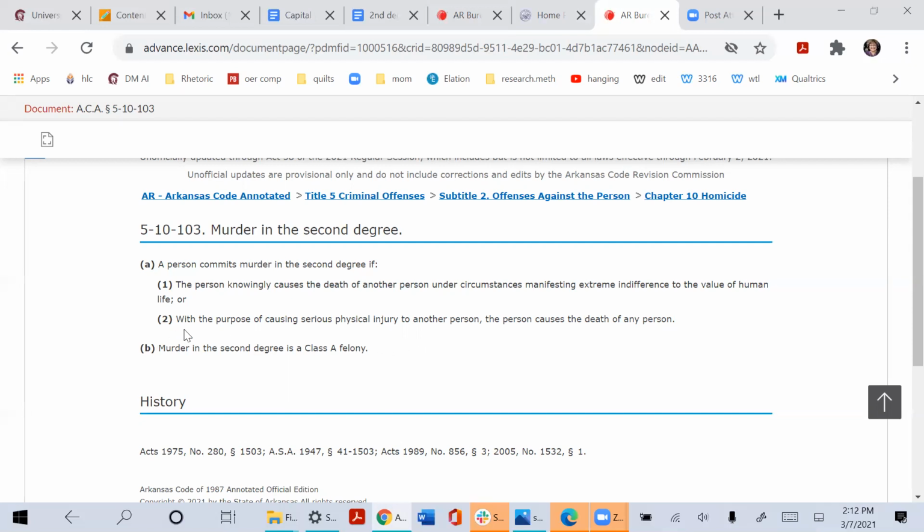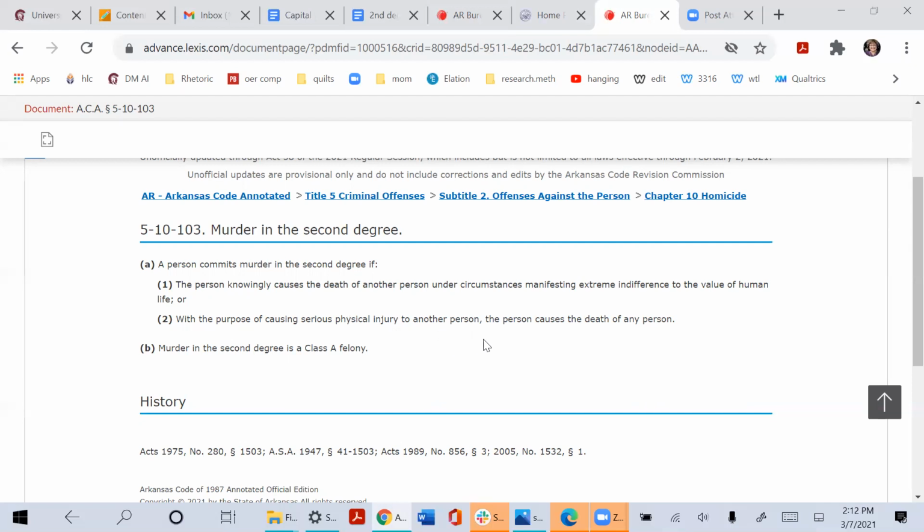And notice that the level of guilty mind here is not knowingly under extreme indifference to the value of human life, but rather it is with the purpose of causing serious physical injury to another person. Since you've been looking at all these statutes, you should recognize that with the purpose of causing serious physical injury to another person is the level of guilty mind associated with first-degree murder.